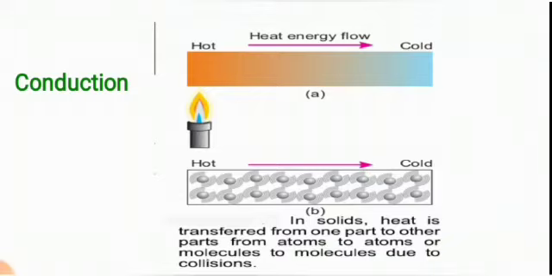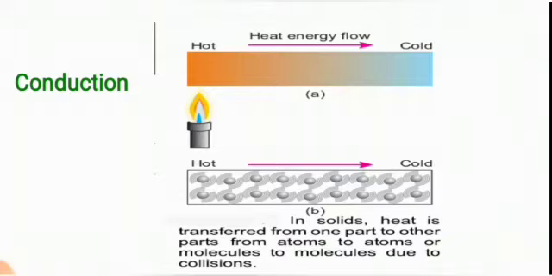In solids, atoms and molecules are packed close together, as you can see here in this picture. They continue to vibrate about their mean position. Students, what happens when one of its ends is heated? The atoms or molecules present at that end begin to vibrate more rapidly. They also collide with their neighboring atoms or molecules.